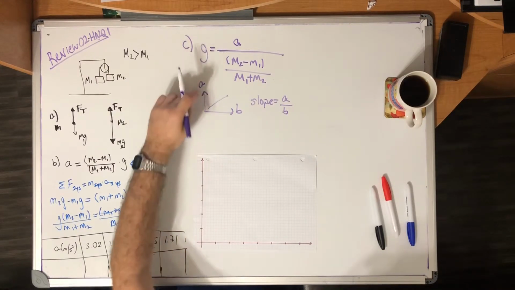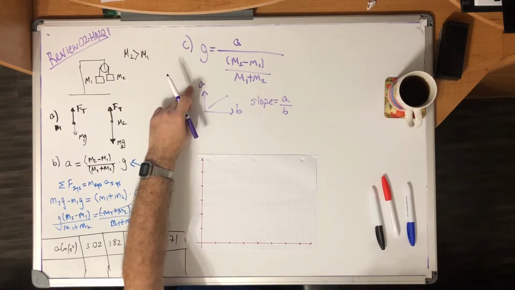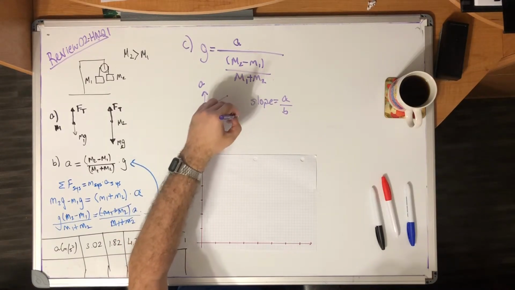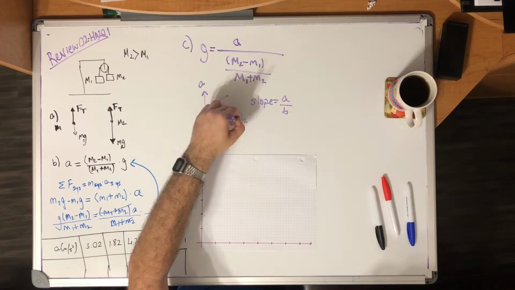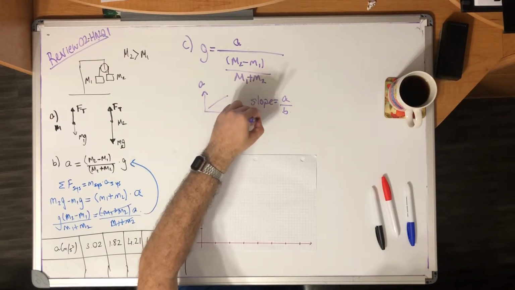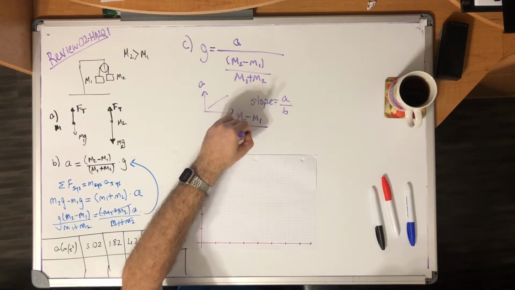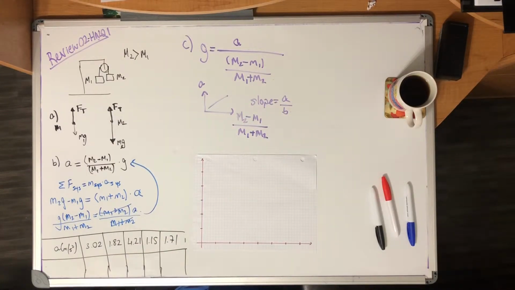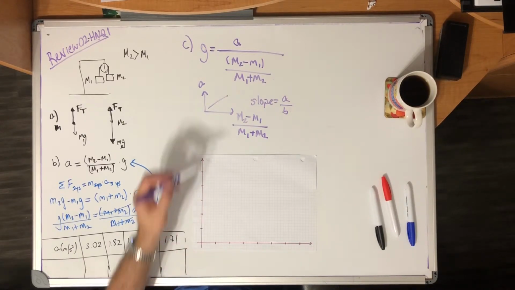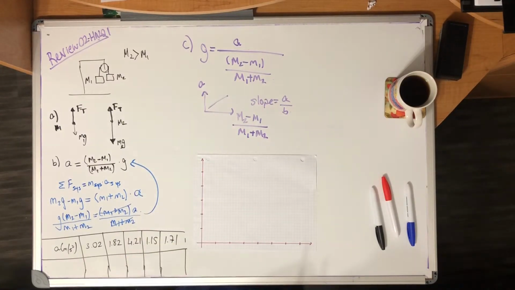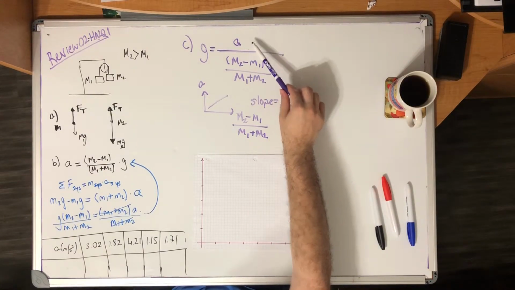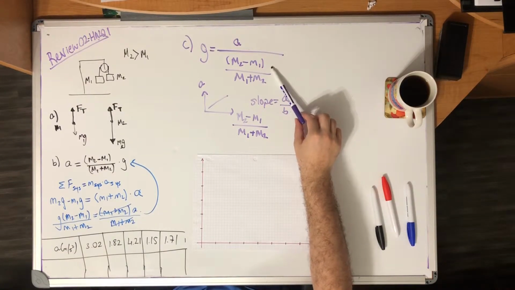That means if you put a on the y-axis, and then (m2 minus m1) divided by (m1 plus m2) on the x-axis, then this ratio must be constant, and it must give me this line, because g is the ratio of this number divided by this number.